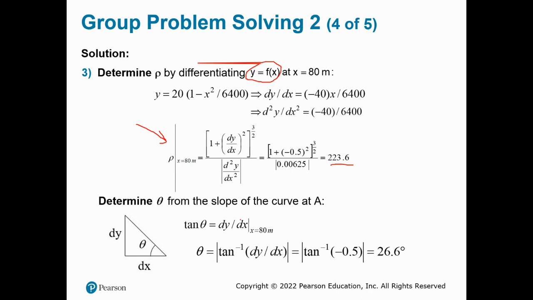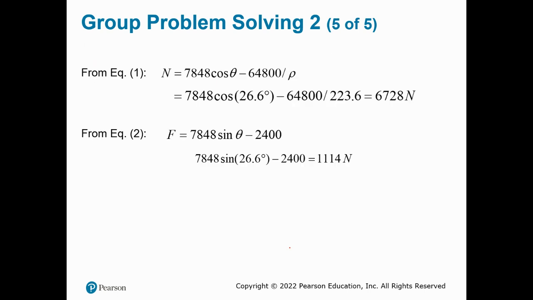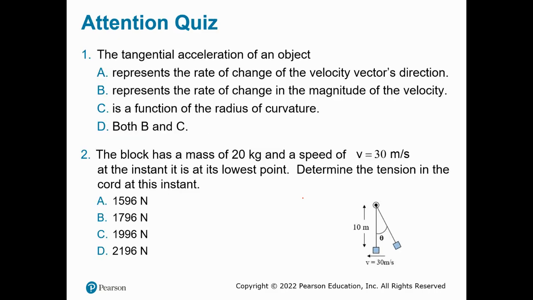To determine theta, we can use tangent theta equals dy/dx at x equals 80 meters, and then find our angle. We plug theta and rho back into equation 1 and equation 2, and we can get the normal force and the friction force between the vehicle and the surface.